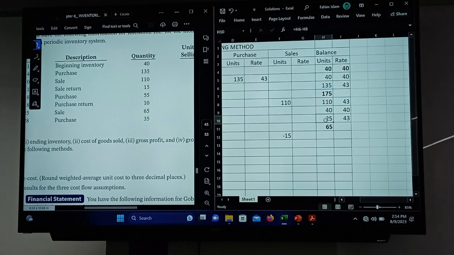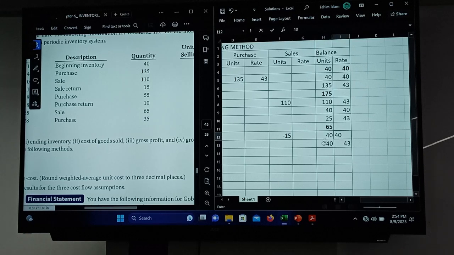So it will be returned to the 25. So 25 plus 15 will get the 40 back, and the rate will be 43. But we will keep that at the end, and we have to keep the first one as first, 40.